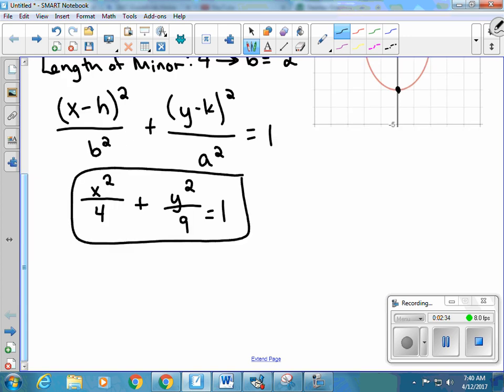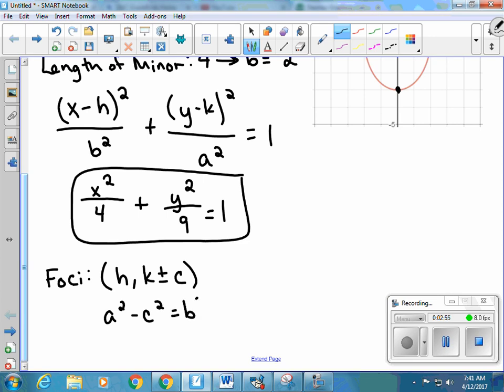That's some of the information you would need to know. If you're looking for the foci, we have the A and the B value, but we don't have the C value, so you would need to find it. We've got that A squared minus C squared equals B squared.